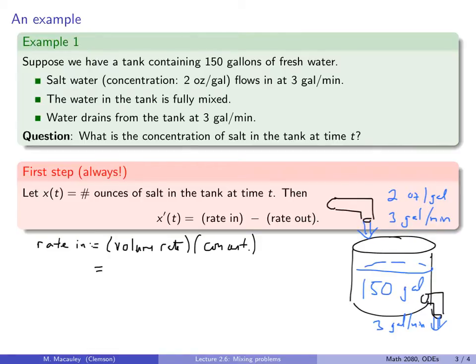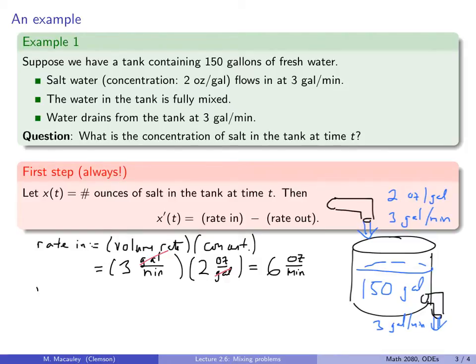In this case, this is going to be 3 gallons per minute, and the concentration of salt is 2 ounces per gallon. And remember from high school science that the units will cancel. Otherwise, you've done something wrong. And so we get 6 ounces of salt per minute entering the tank.